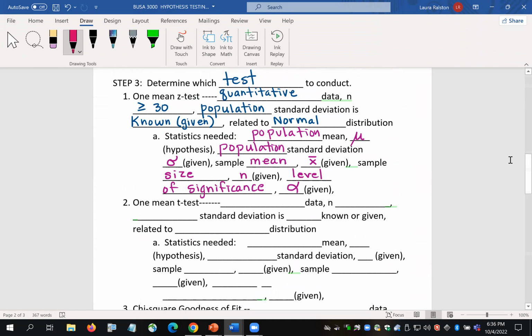Now, in some cases, researchers will leave either the confidence level or the level of significance open. They won't state it, so that you as the reader can decide whether you want to base it on 95% confidence or 99% confidence or whatever, so that you as the researcher can make your own conclusion.